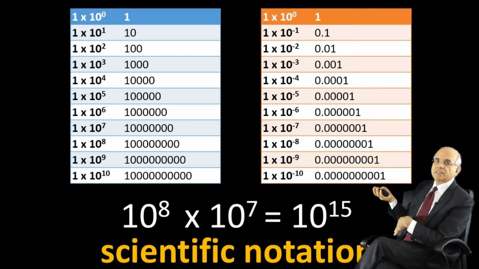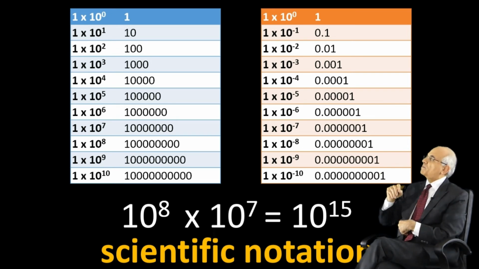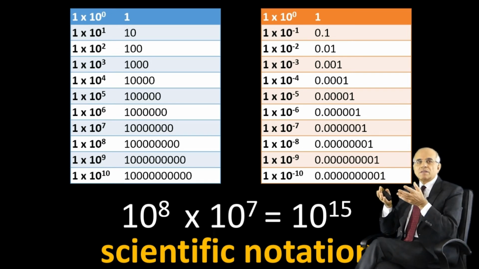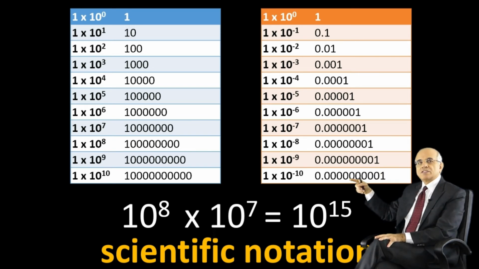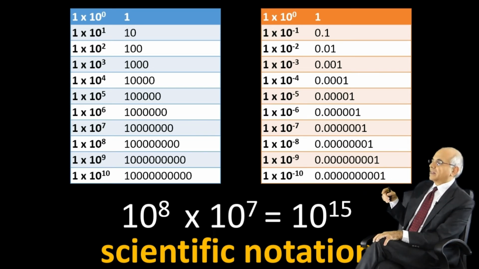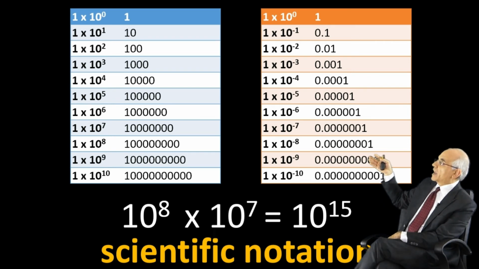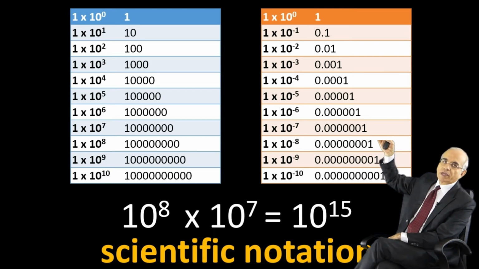That's how we express it, and it's an easier way to write large numbers. So if you write 10 to the power 3, that means 1,000, because it's 1 with 3 zeros following it. And 10 to the power 8 means 100 million, which is 1 with 8 zeros following it.